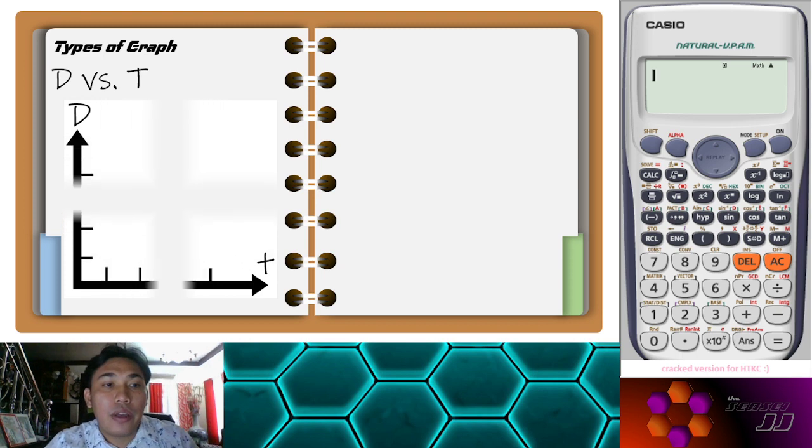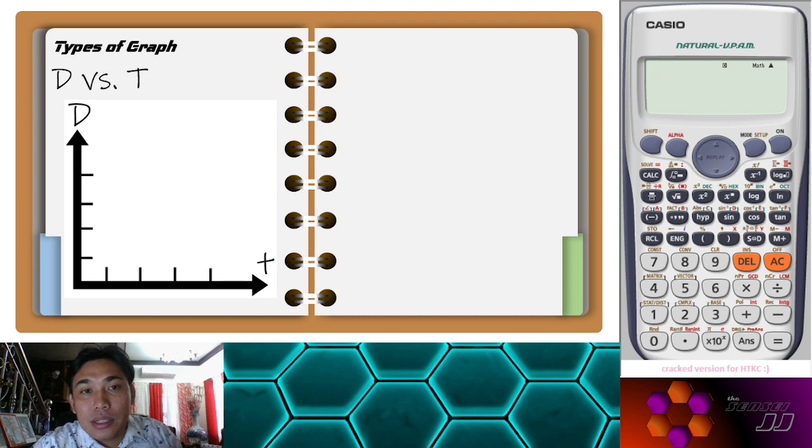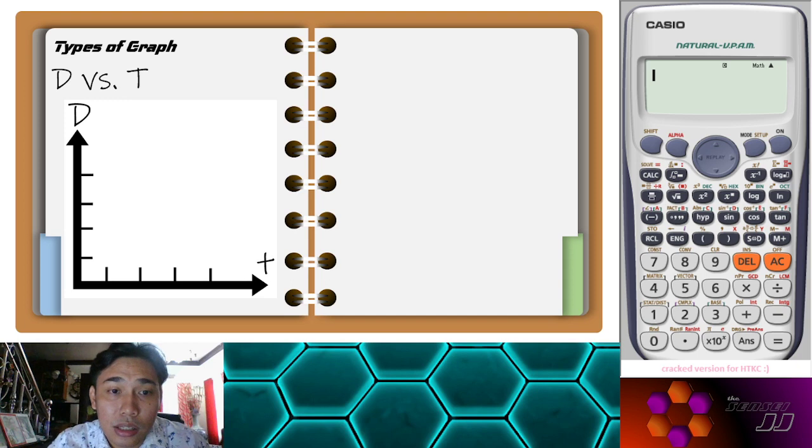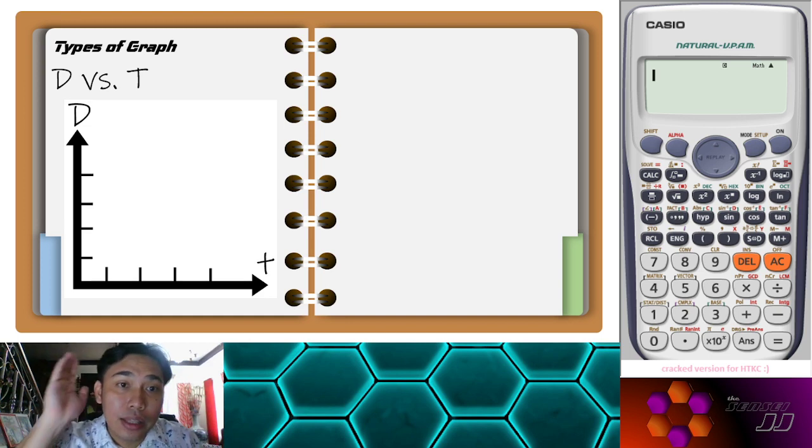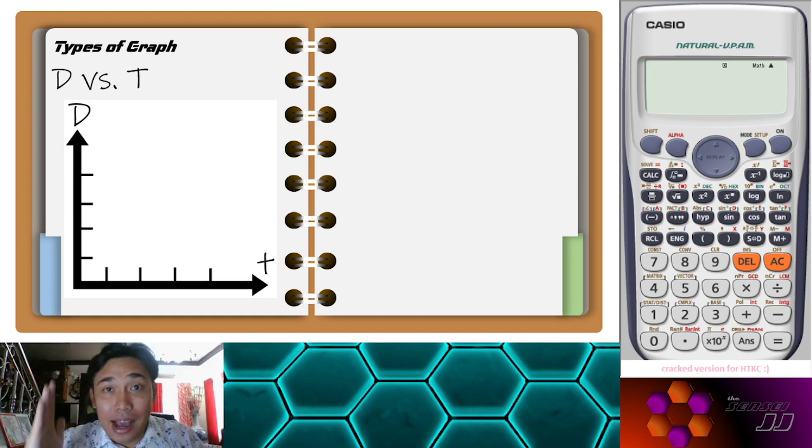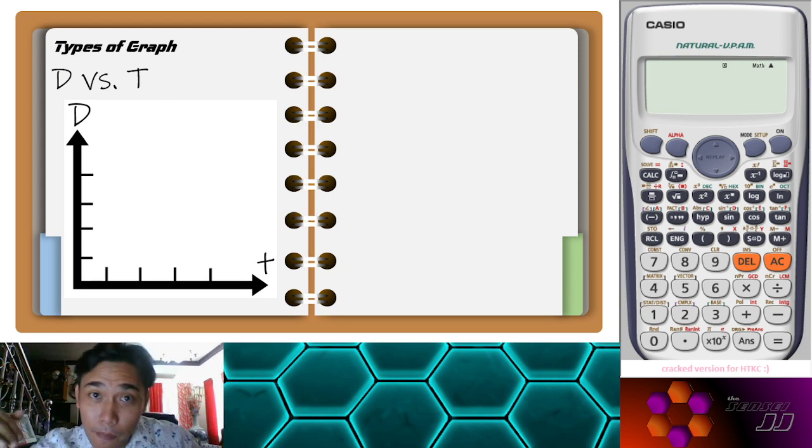So here we have a graph of our d versus t graph. d means distance, t means time. So all those three, distance, acceleration, and velocity, will always be in the y-axis, and the time will always be in, yes, correct, the x-axis.